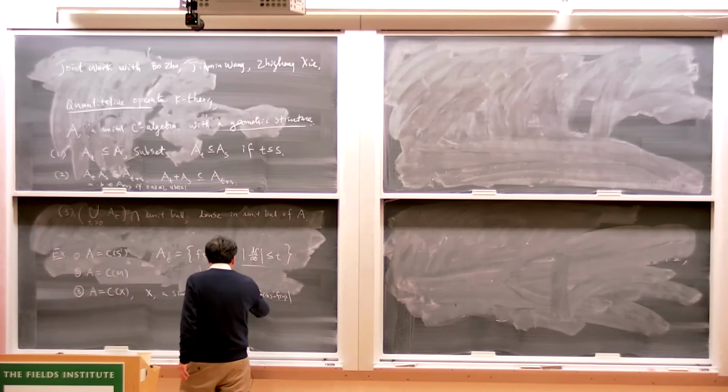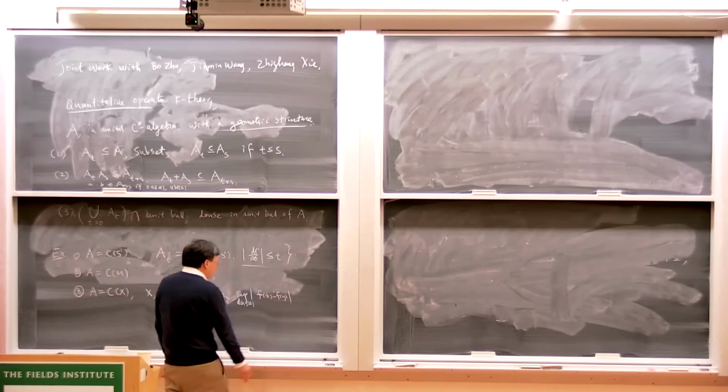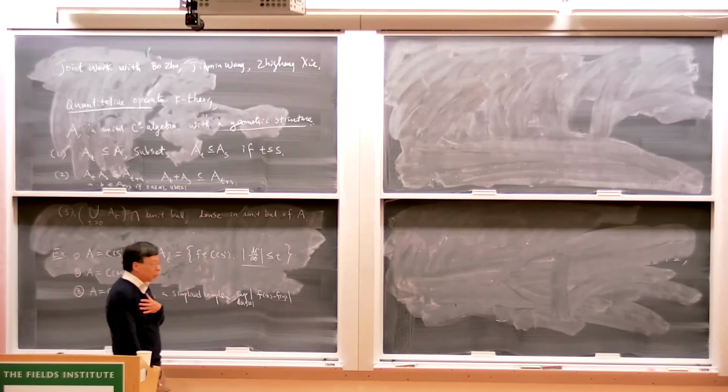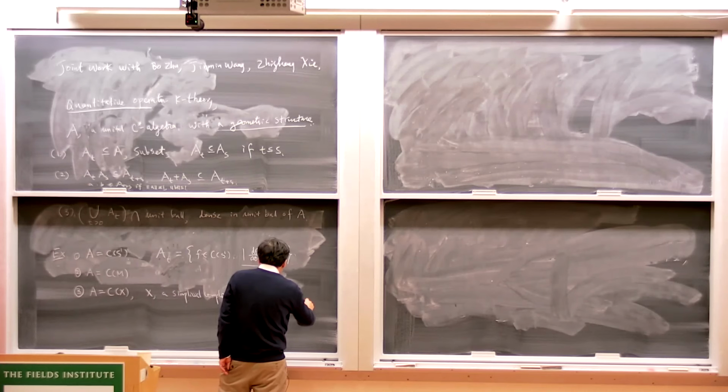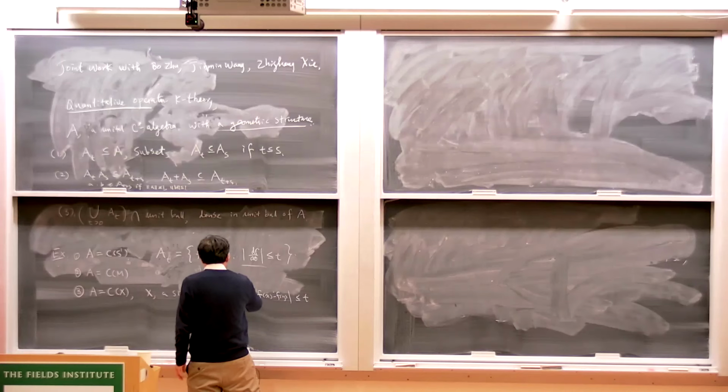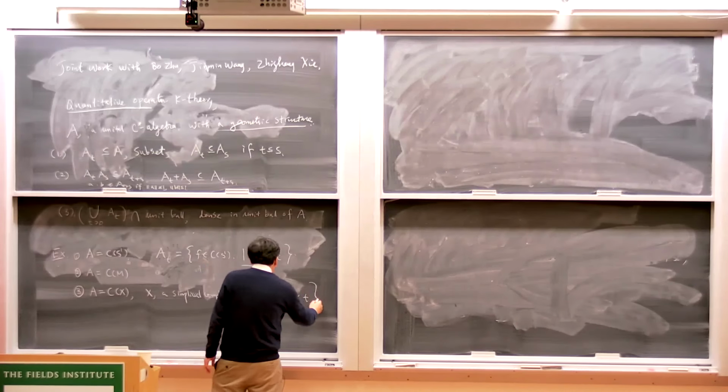So for pairs of points whose distance is at most 1 from each other, this is like a discrete version of the derivative, okay? Then less than t. So replace A_t by all functions f satisfying this.